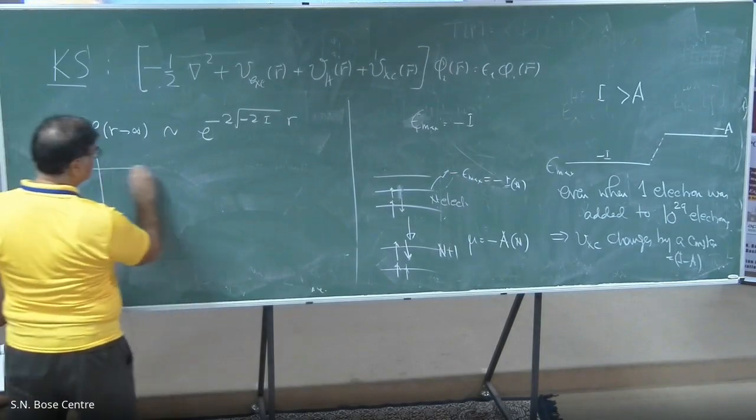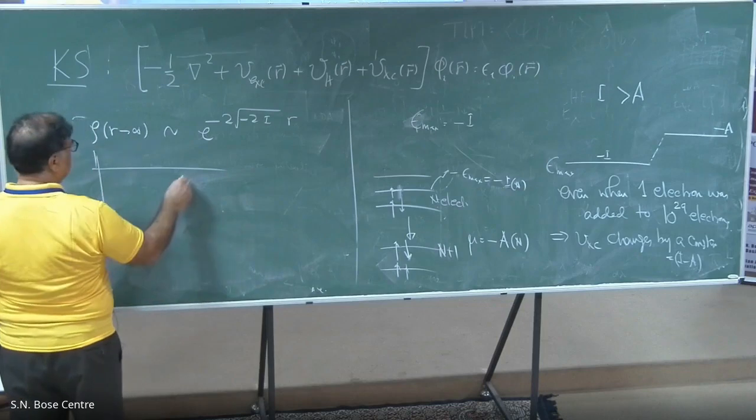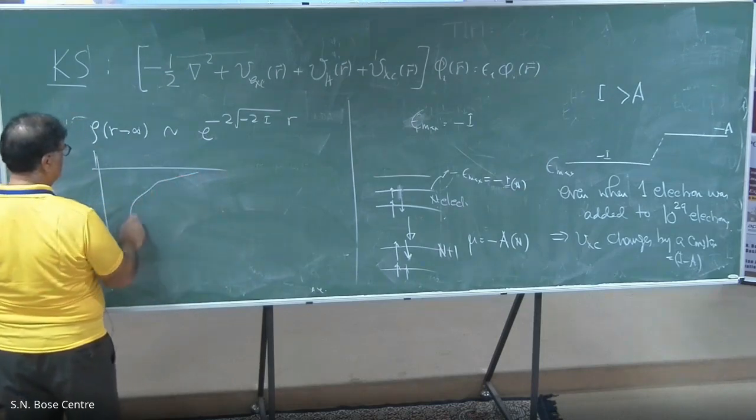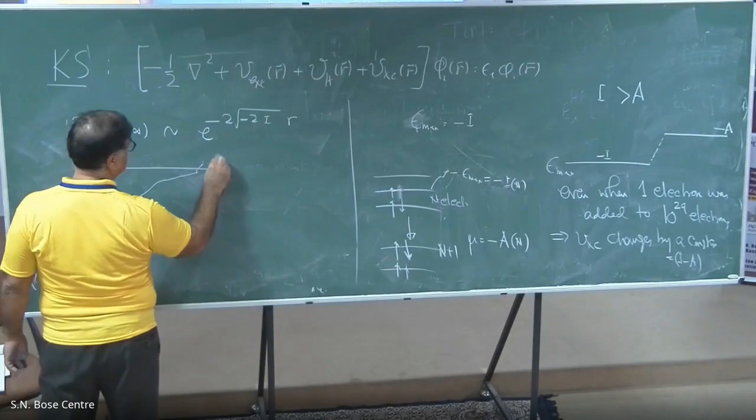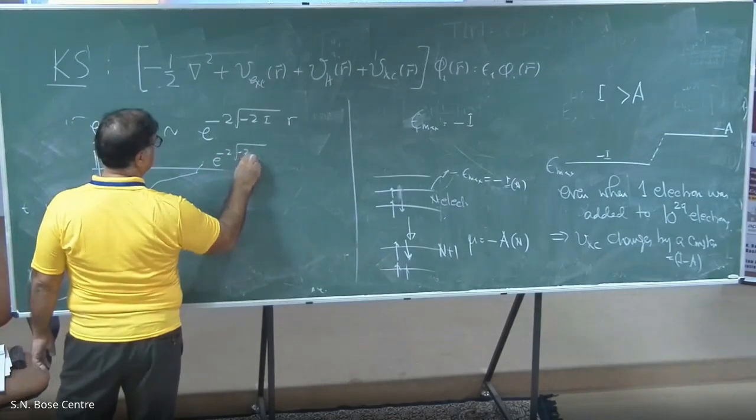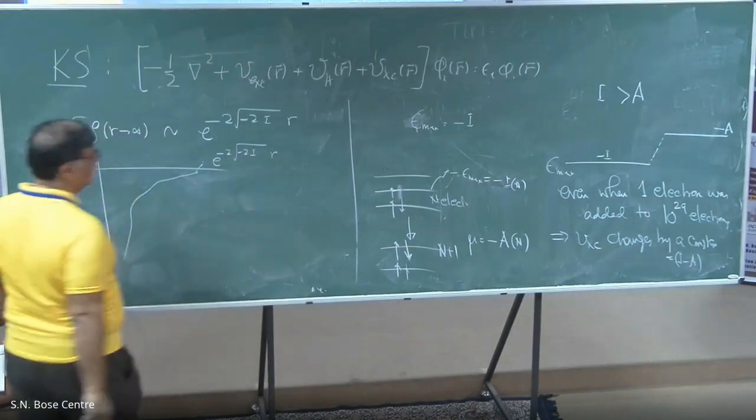Now I have a finite system, there is a potential, and the density out here goes as the exact density, e to the minus 2 square root of minus 2 epsilon r.